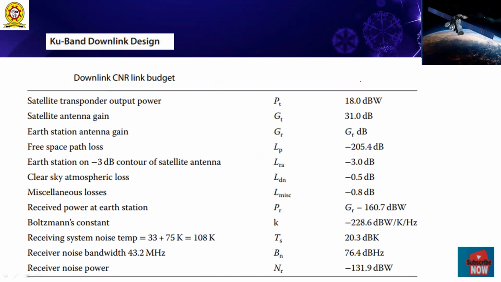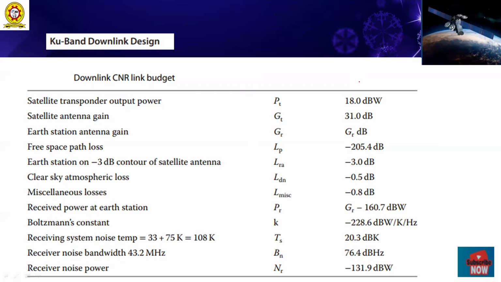Similarly, continuing with the downlink CNR link budget. In the downlink CNR link budget, the satellite transponder output power is 18 dB. The listed parameters are available on your screen. Gain 31 dB, earth station GR, free space loss minus 205.4.